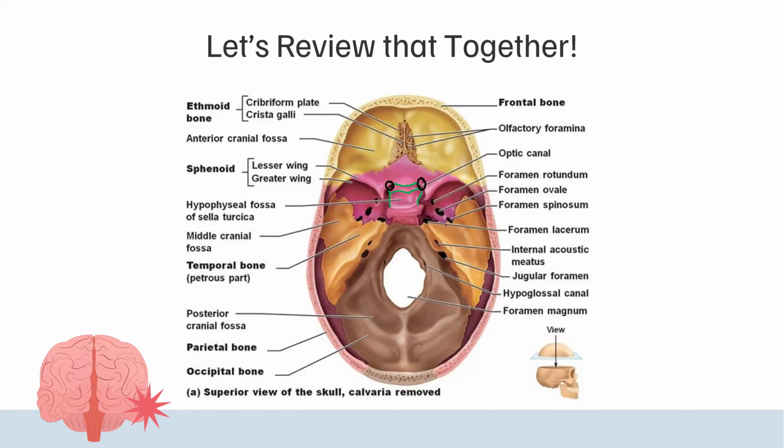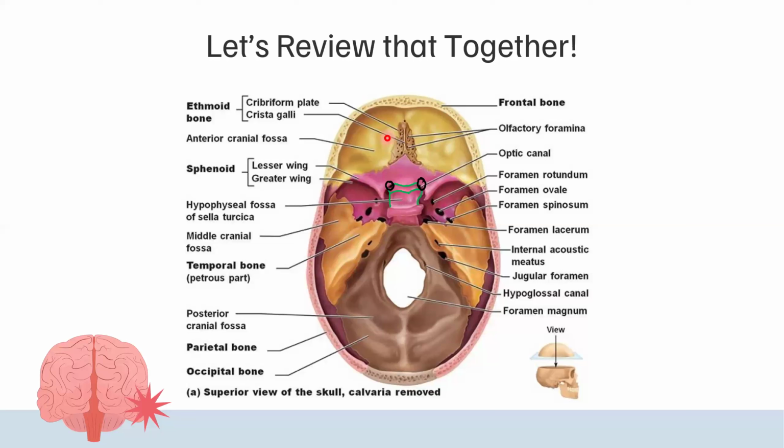Does that make sense for anyone? Do you see it? All right, perfect. So it is because of those two that we see here that this is called the optic, right? Because it's like the eyes. This is the optic canal.